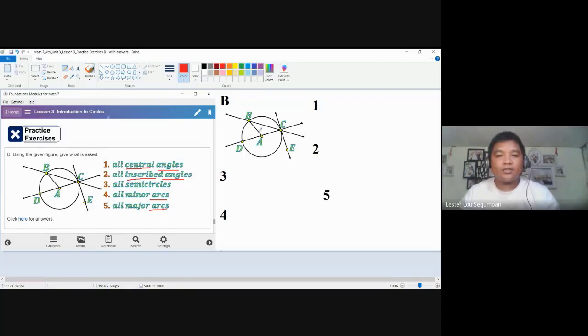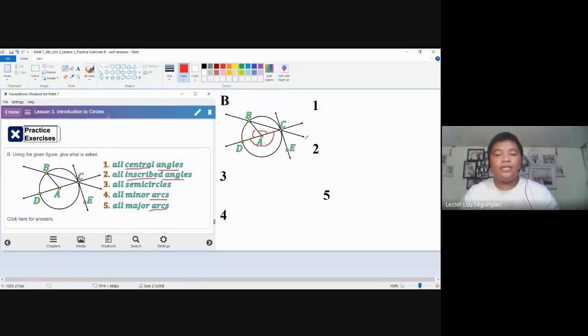These are the angles here, this angle and the other one on the other side. You can even say this angle here is also an example, specifically a straight angle.